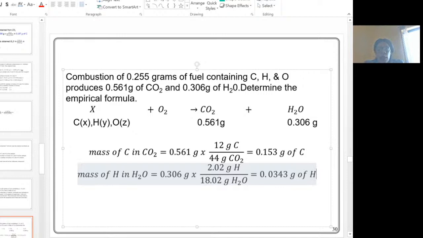So in 0.306 grams of water, there is only 0.0343 grams of hydrogen. From this step, the next thing we need to do is follow the steps for the empirical formula.